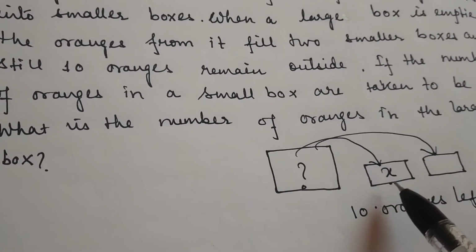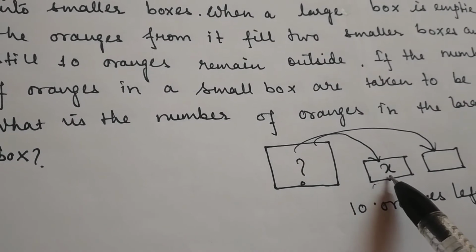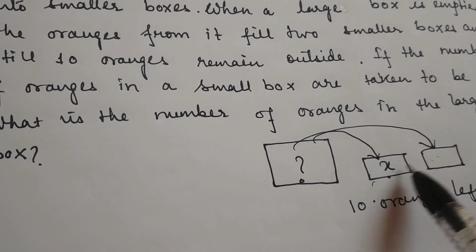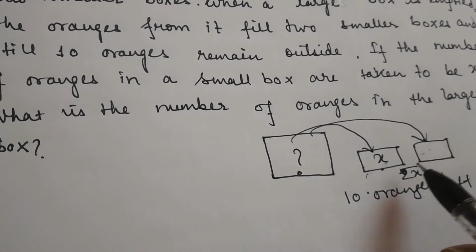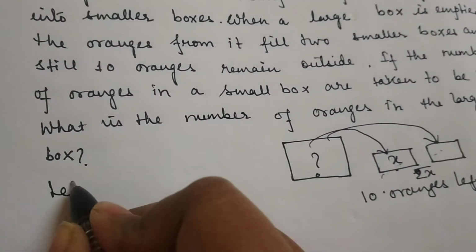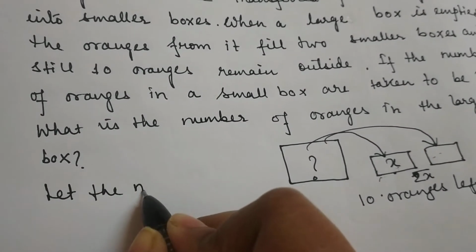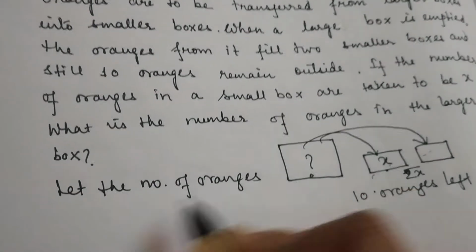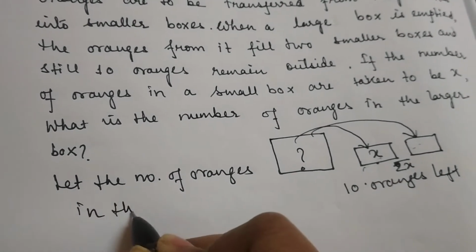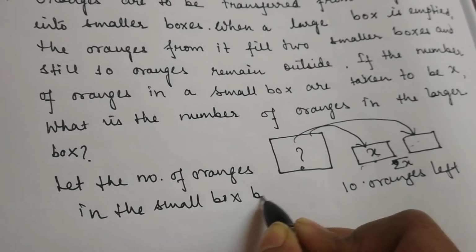So if we consider the number of oranges in a small box to be x, then the number of oranges in two smaller boxes will be 2x. So, let the number of oranges in the small box be x.